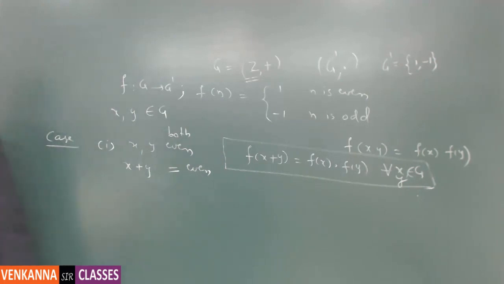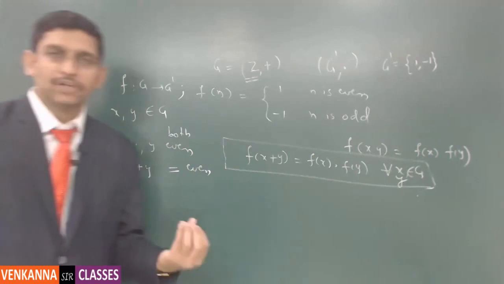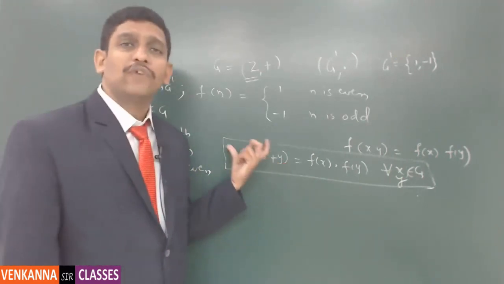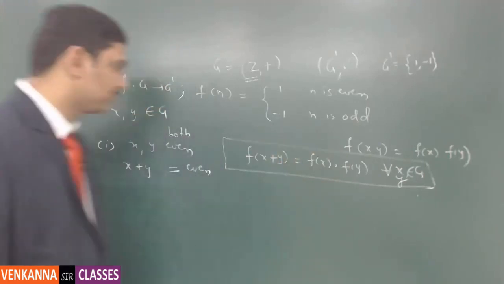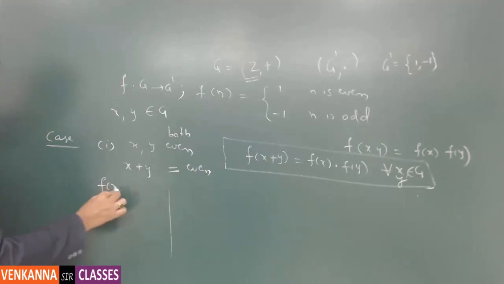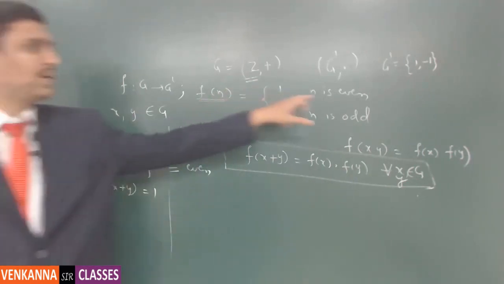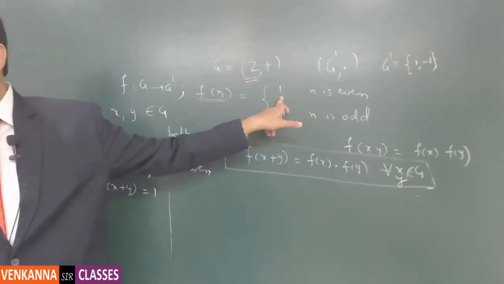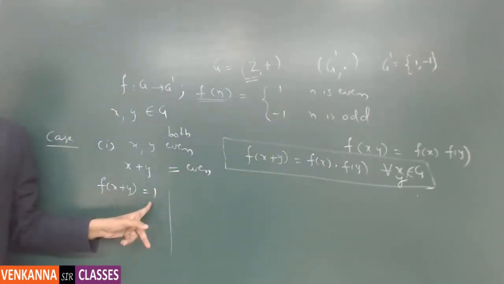As you are going to prove this condition, I am going to calculate the value of LHS separately and the value of RHS separately. If you consider f(x + y), it is nothing but 1. Why? Because the function is defined in such a way that if the number is even, its value is 1. So f(x + y) is 1.